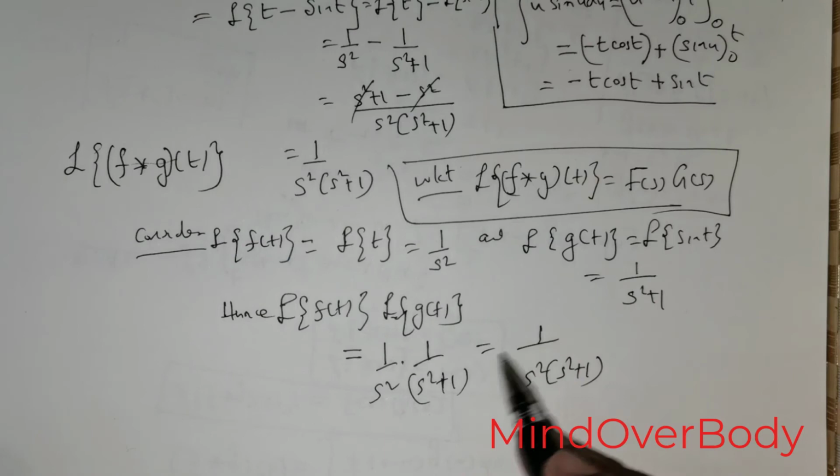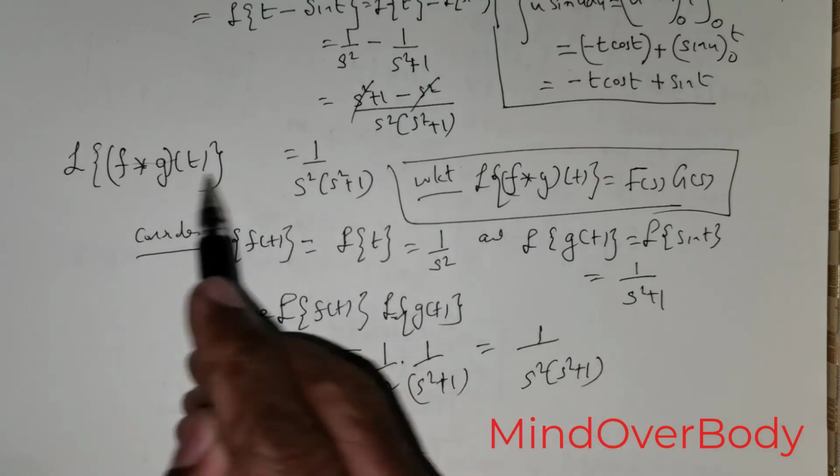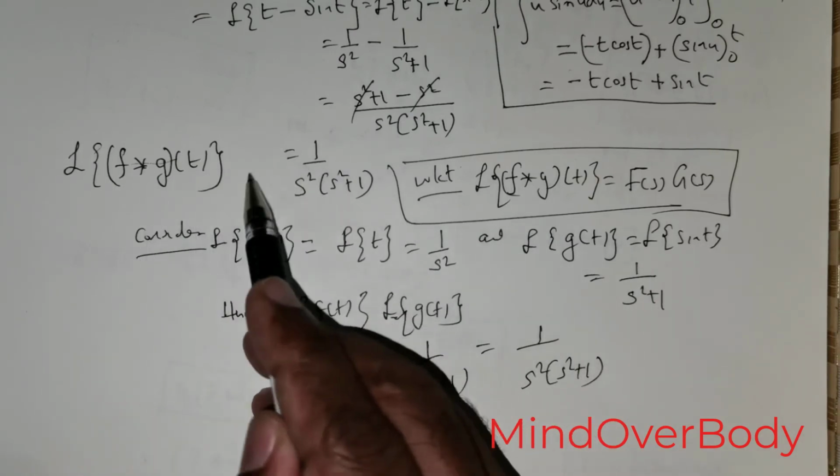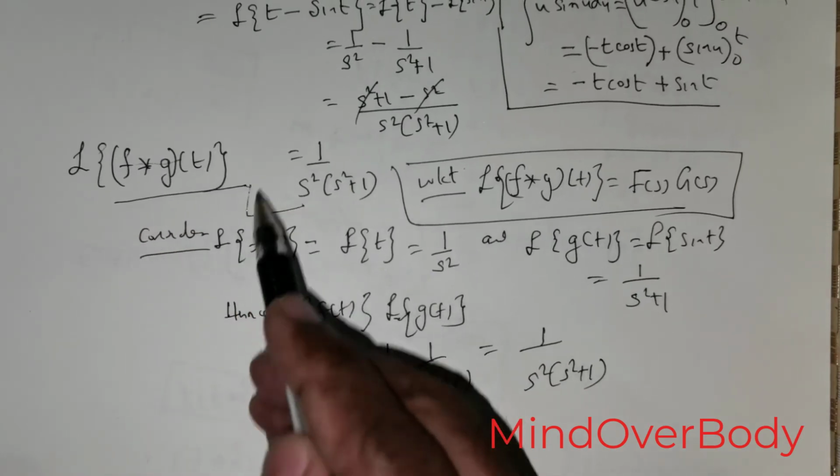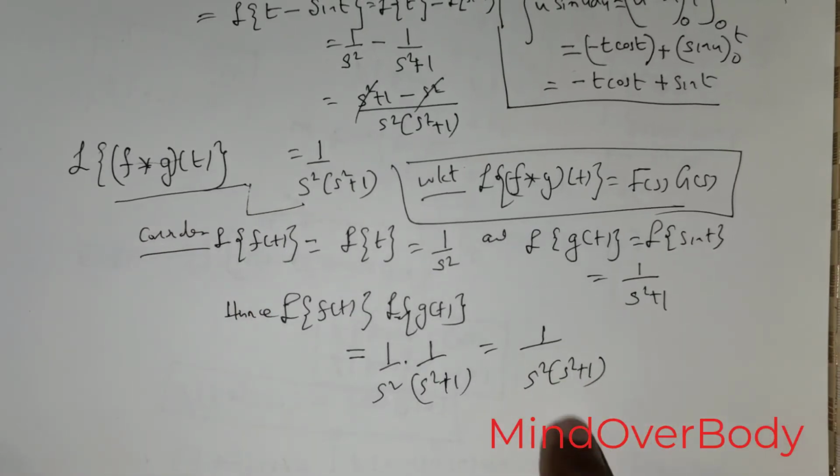So what is this exactly? You see this? This is what we had for the left hand side, and this is what we are getting for the right hand side.